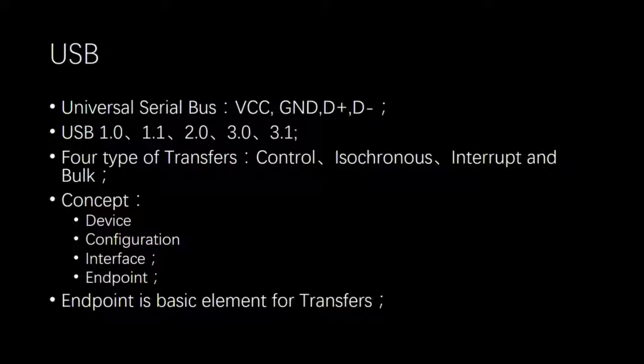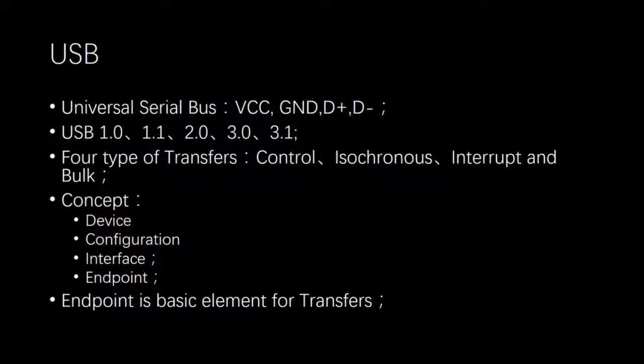The second type of transfer is isochronous. It is commonly used in a web camera, because this kind of transfer doesn't promise to give you exactly accurate data, but it will give you the data at the time you want.